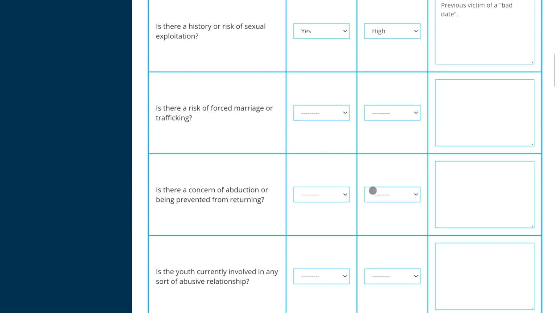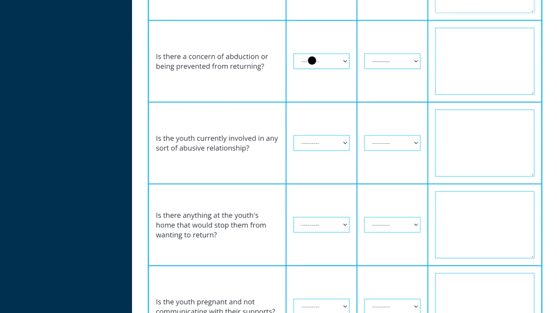Similarly, if the answer to one of the questions is no, but you still feel that it contributes to the risk level, you can always change the level to low or high, regardless. Ultimately, it is up to your judgment whether to report the youth in your care missing. Continue to fill out the first section of the questionnaire using your best judgment.